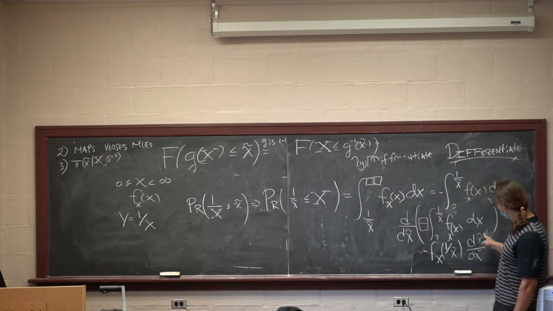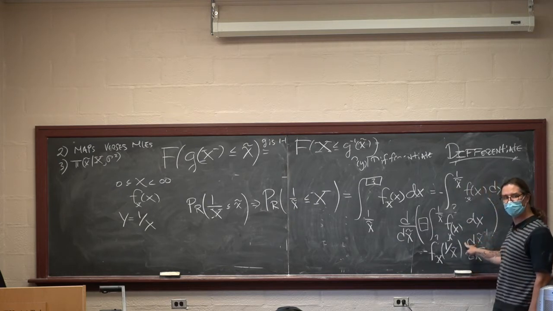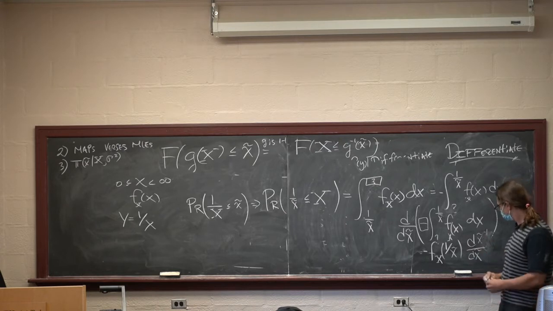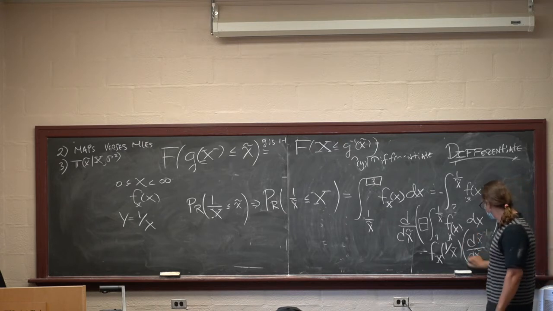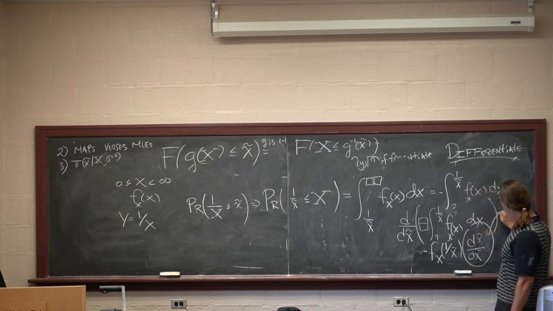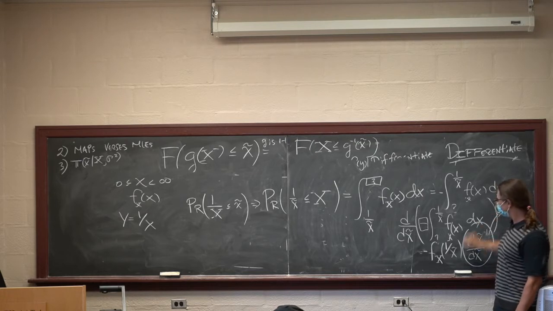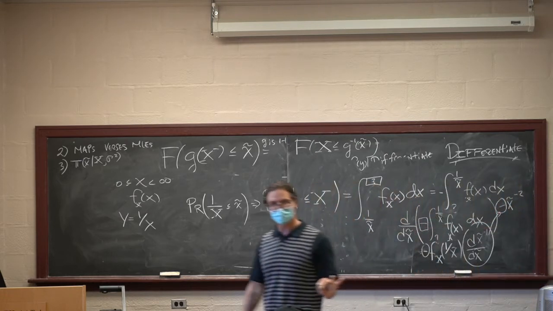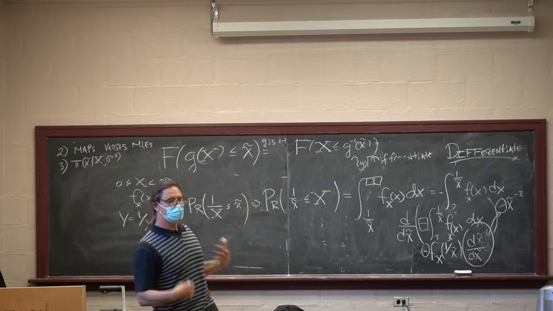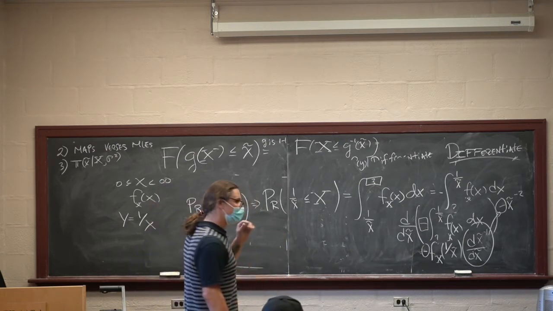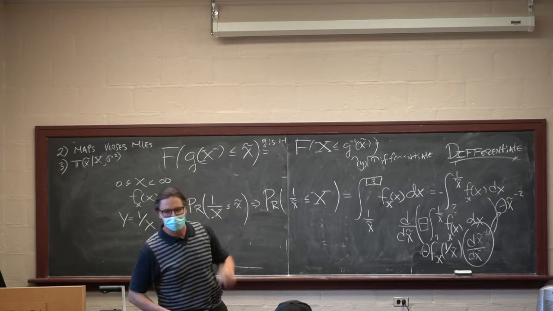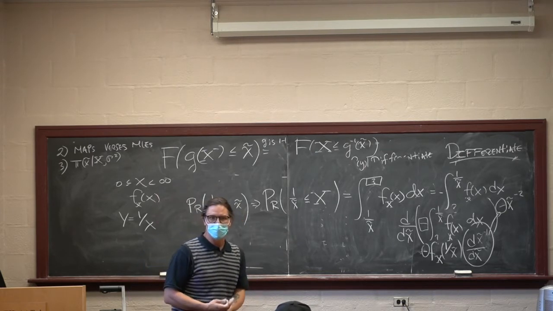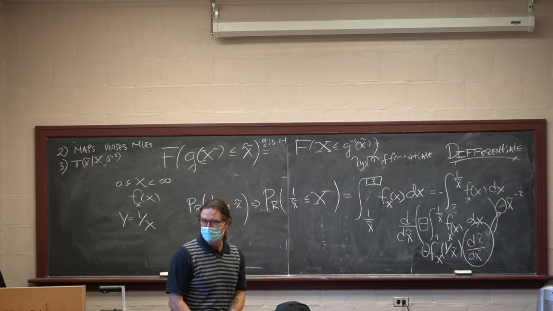So watch what happens right there. This negative sign comes down, and then I get a positive. So this thing right here is going to be minus x tilde to the minus 2. This negative sign will cancel that negative sign, and it will always be positive. So that's where the little heuristic trick of just always drop the absolute value sign on the derivative comes from.